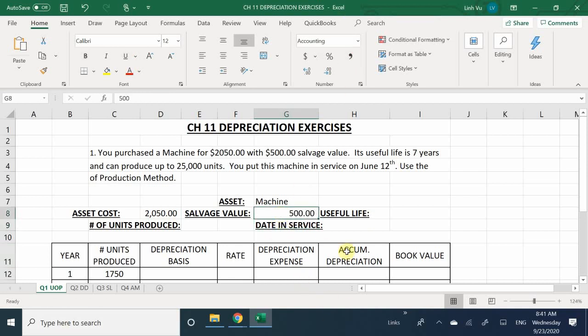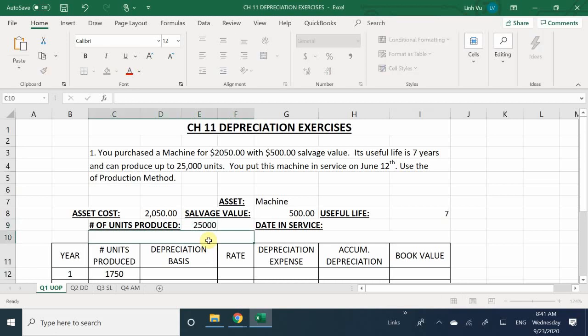If you guys need to, go ahead and grab your review sheets so you can remember which formula belongs where. So 7 years, all right? How many units can it produce? 25,000 units, okay?